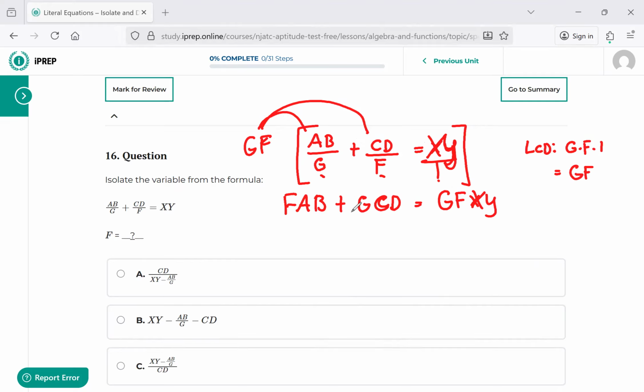right? So our goal is to solve for F. So what I would do is, because this is one big mess, check if you have any other F's, like a repeat of F anywhere. No, we don't. So F is right here. So what I would do is get rid of this whole thing. So I'm going to subtract G, C, D from both sides.